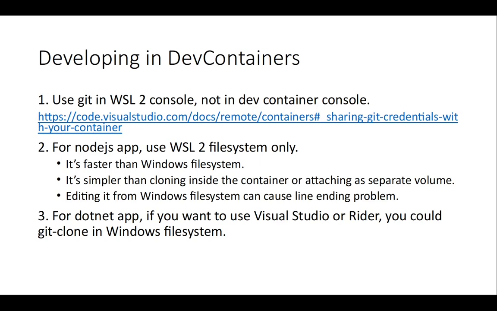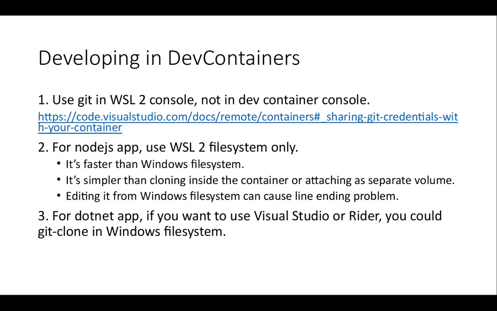And if you ever edit the file using Windows Explorer, you might face a line ending problem, because when you clone within the Linux file system, it's going to use different line endings than when you do it in the Windows file system.